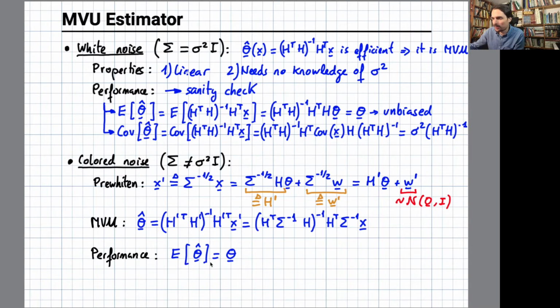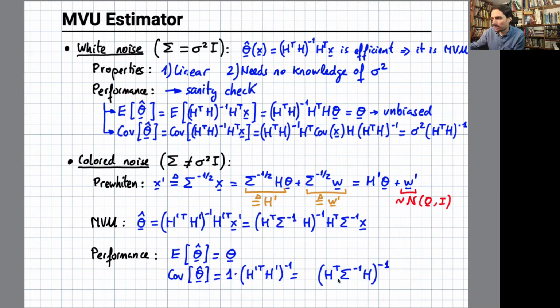It is of course unbiased, because of this. And the covariance can be obtained just by this expression here. We just need to replace this h with h prime. And again, substituting back the value of h prime by this here, we obtain this expression.